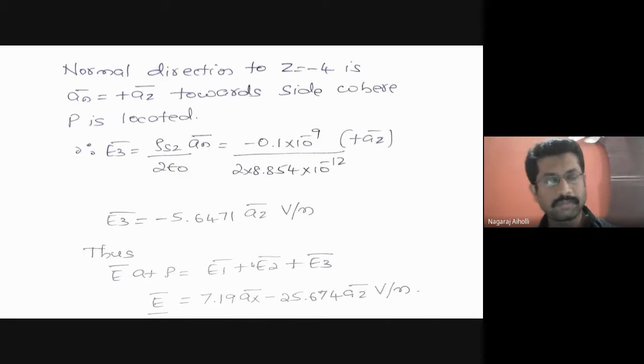Abhishek, Sampath Kumar, have you solved this numerical?